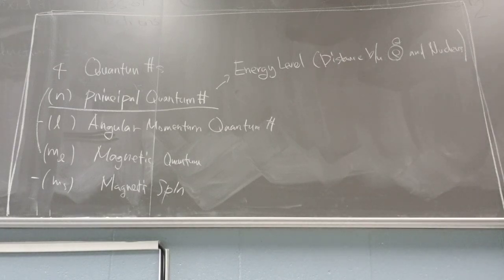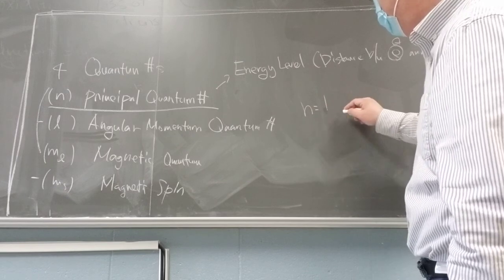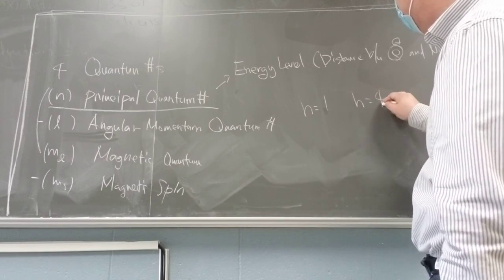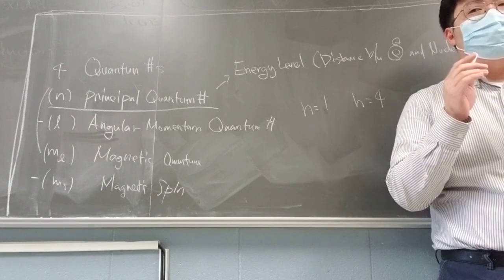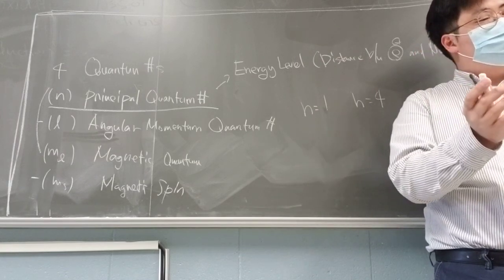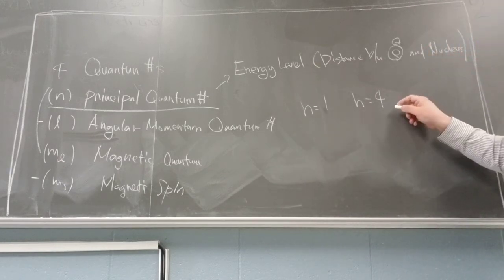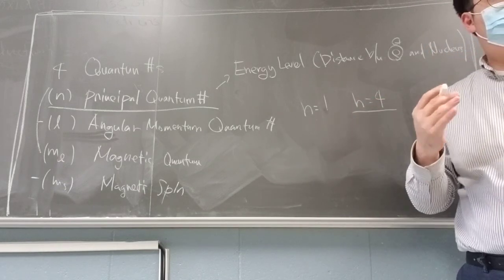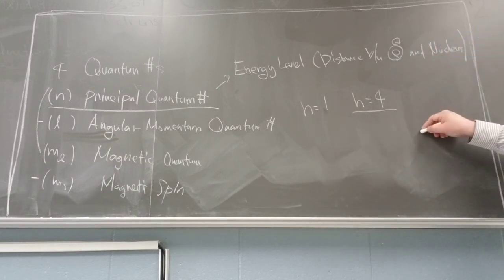So here's the thing: if you have an n number that is really high, that means you can store the electrons around the nucleus further away from the nucleus. So if you have very strong and heavy elements, they can actually store electrons far away from there.